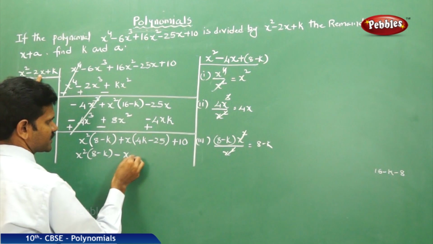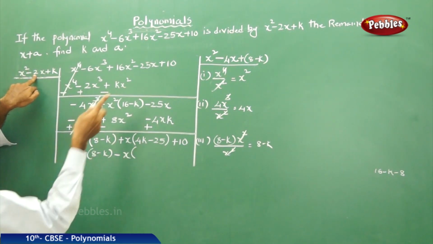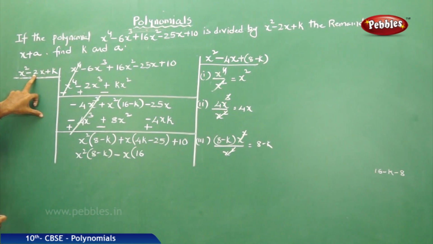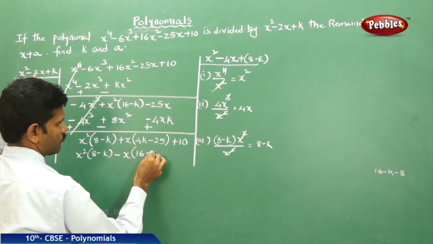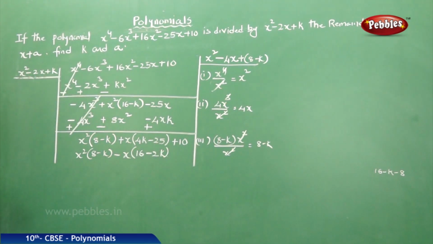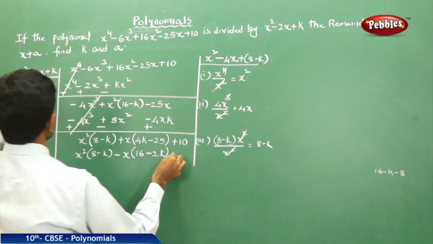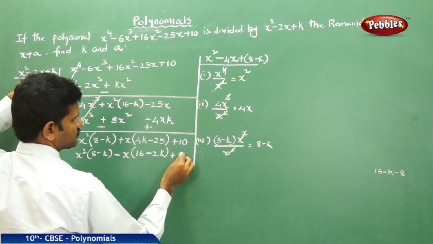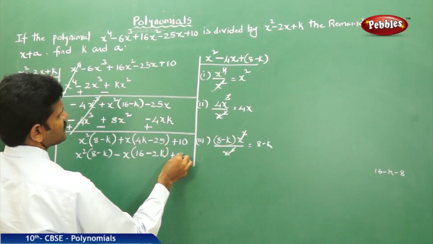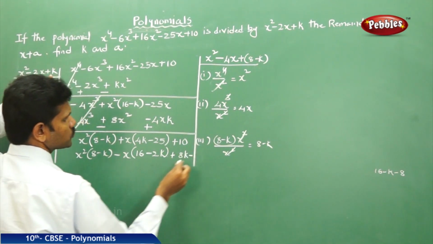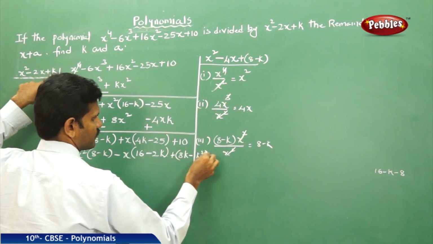Now x separate, 2 into 8, 16, next minus 2k, plus k into 8 minus k, that is 8k minus k square.